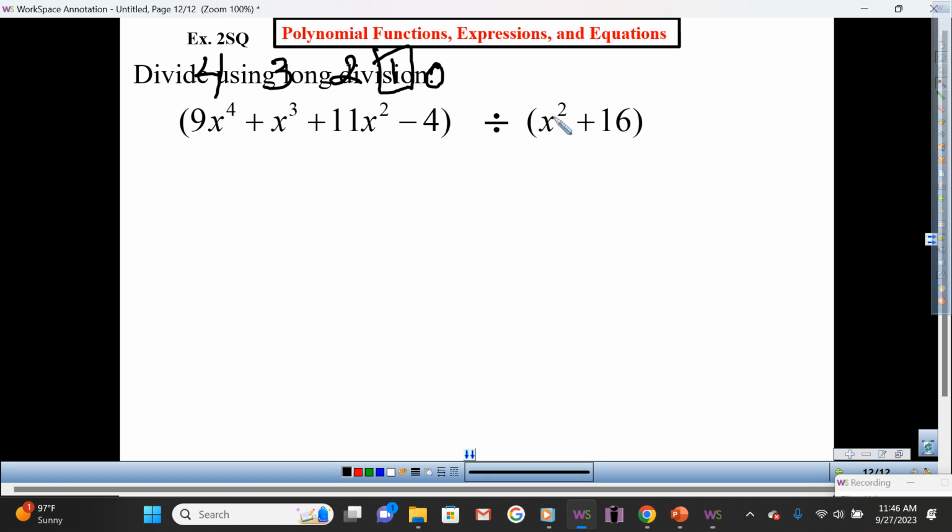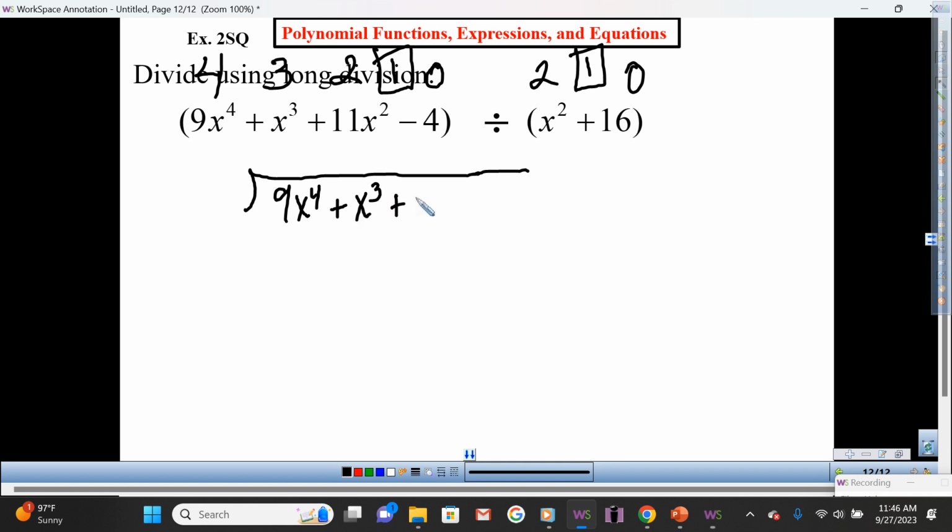How about this one? And we're missing. Tell me what to write as a dividend inside. That is correct. Make sure you put that 0x. How about the divisor? X squared, 0x plus 16. Hands up if you got that. All right. Finish it off.